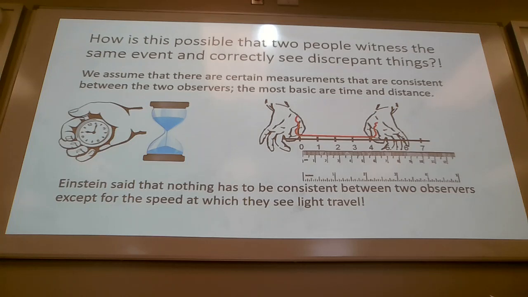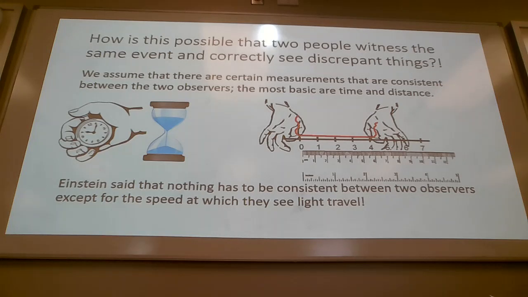We also assume length is consistent. We assume that mass is consistent. 1 kilogram here is the same as in France or the United States. All around the world we have this agreement: here's the base unit of time, the base unit of length, the base unit of mass.